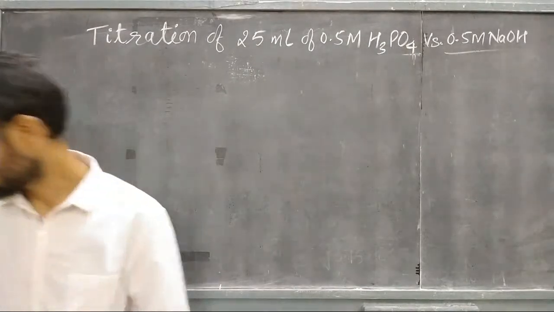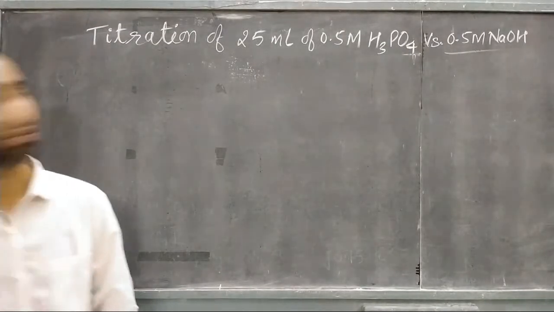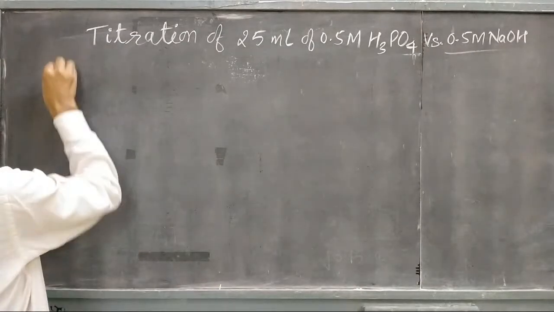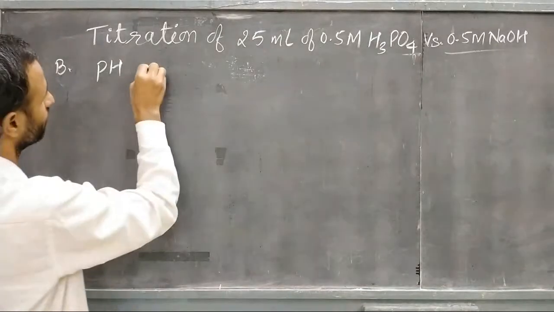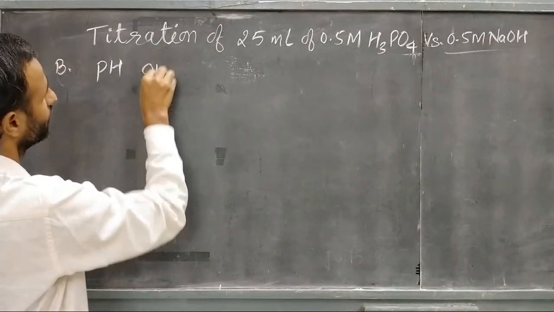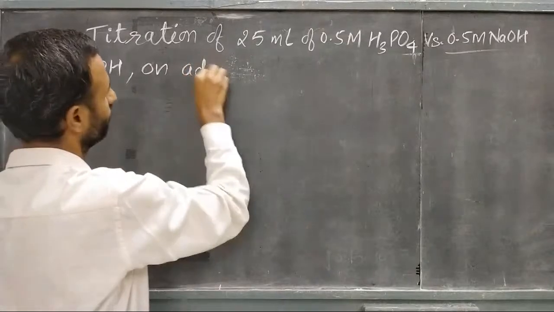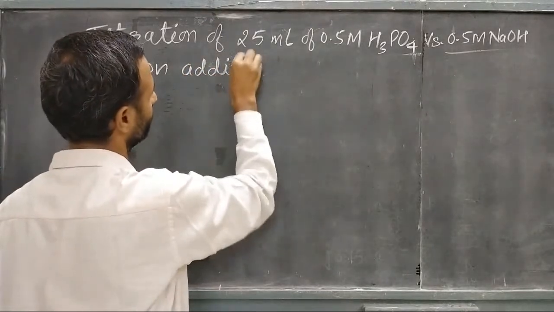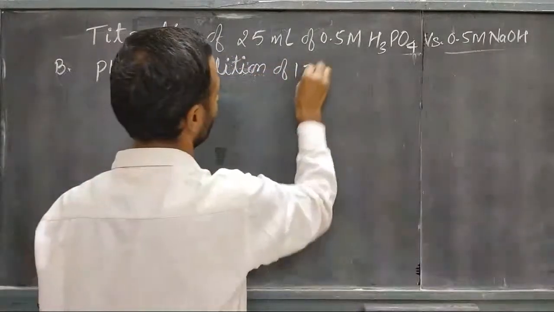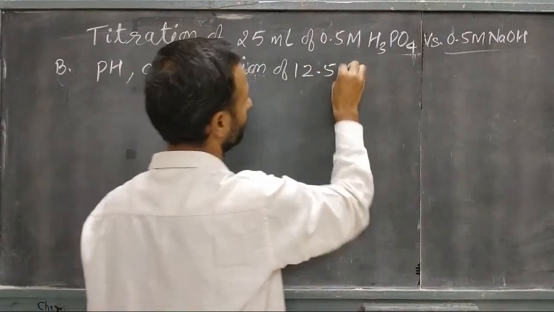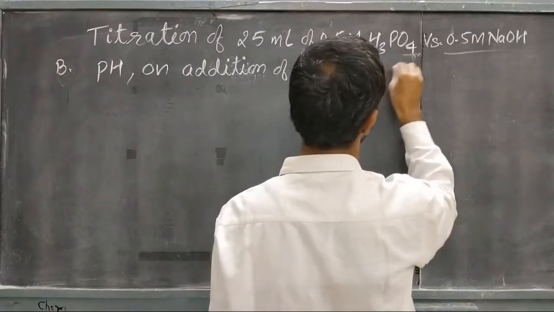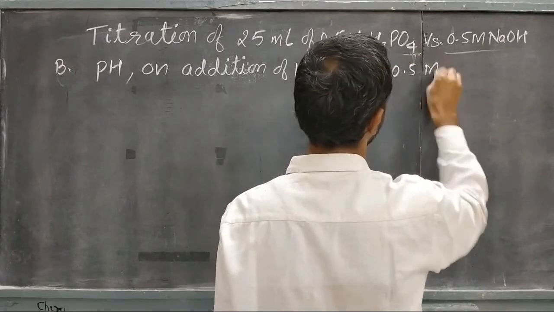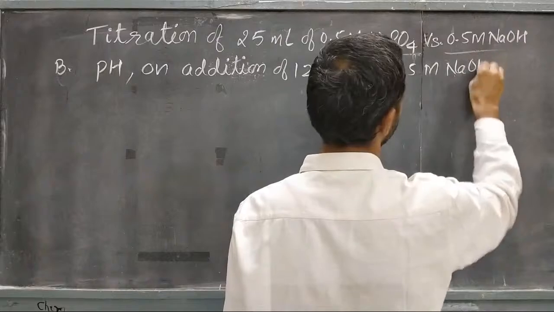Now, next, pH on addition of 12.5 ml of 0.5 molar NaOH.